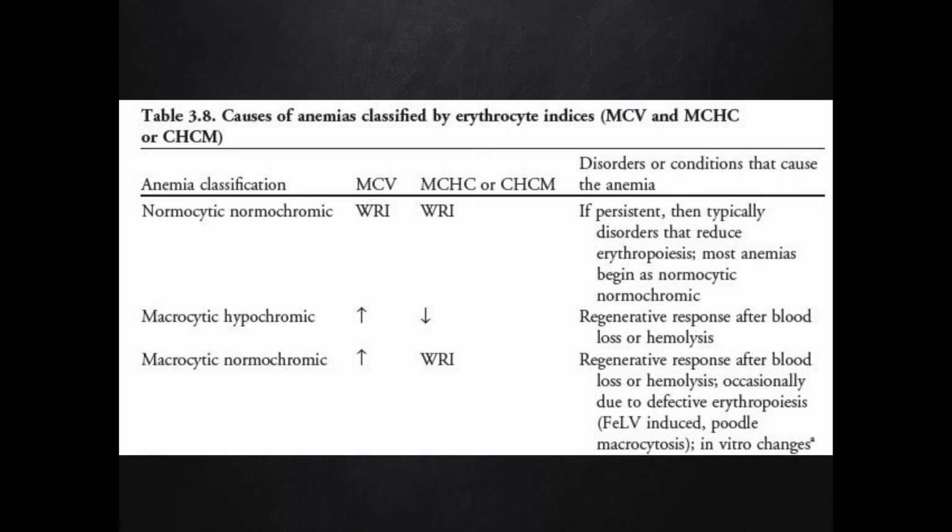In macrocytic hypochromic, there is an increased size and lower hemoglobin concentration, and the indication is a regenerative response after blood loss or hemolysis. In macrocytic normochromic, there is an increased MCV and normal MCHC. The indication is a regenerative response after blood loss or hemolysis, occasionally due to defective erythropoiesis, like feline leukemia virus induced and poodle macrocytosis, and also in vitro changes.